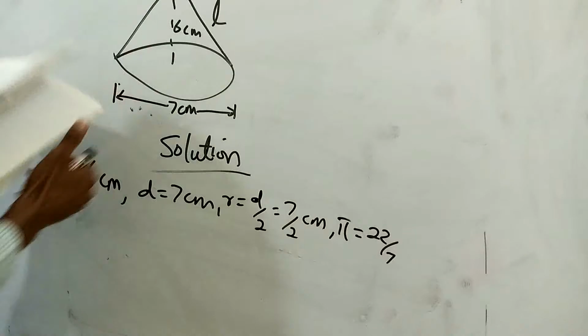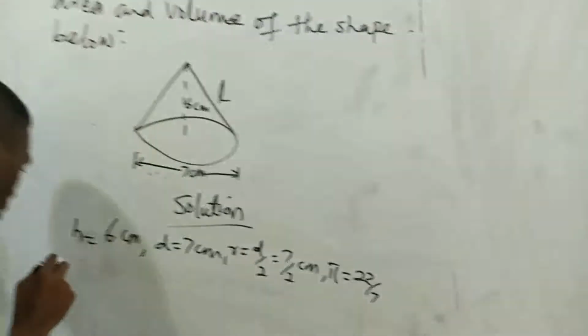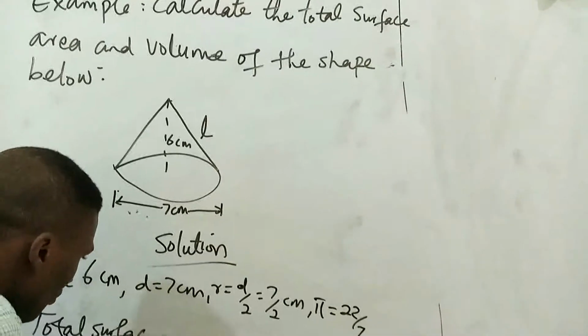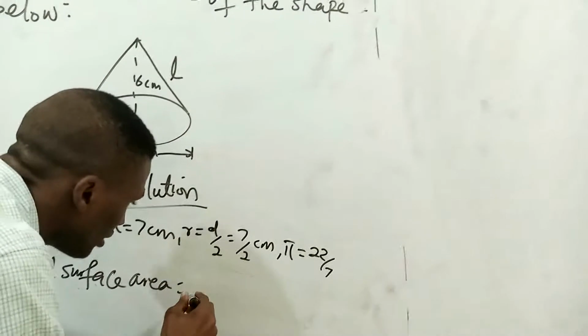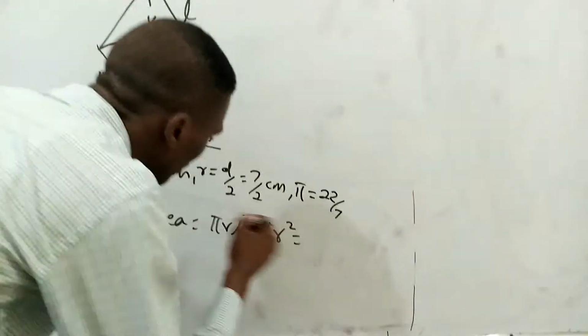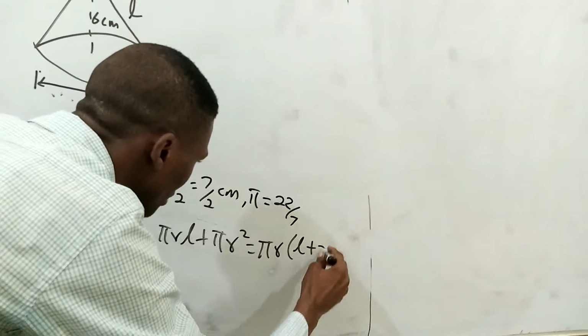We begin with the total surface area before we go to the volume. Our total surface area is pi r L plus pi r squared, and we factorize this to get pi r times the bracket L plus r.